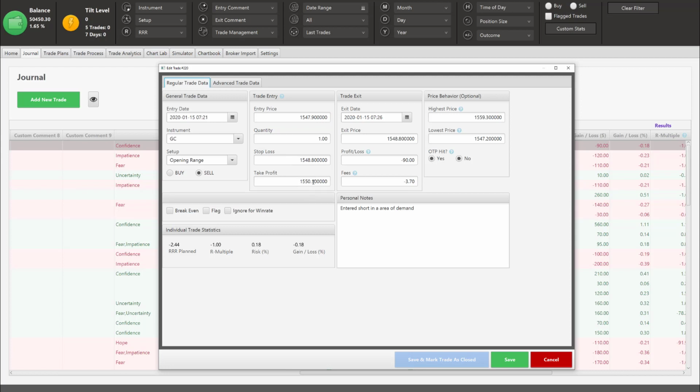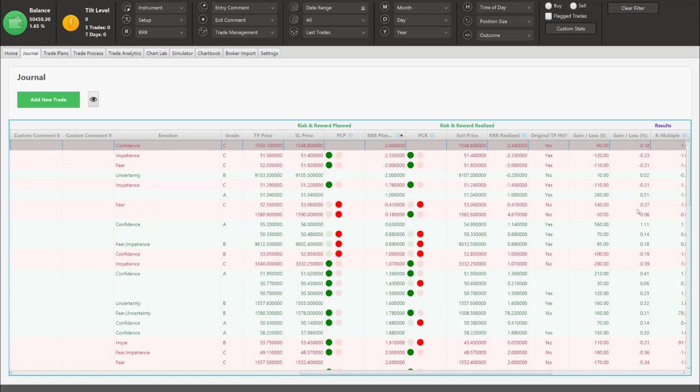This is something that often is done by accident if you are not really careful with the trade entry and your data input. This can happen sometimes. And if you correct this and if you put the right take profit, which should be below the entry price on a short trade, then the negative reward to risk ratio will also correct itself.